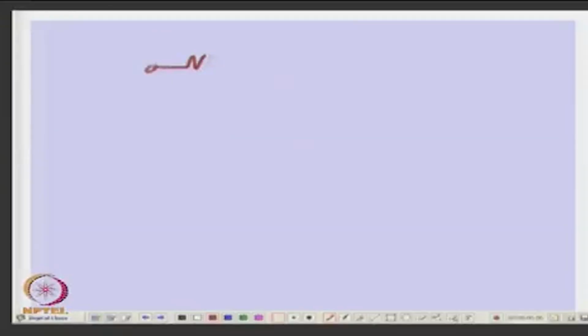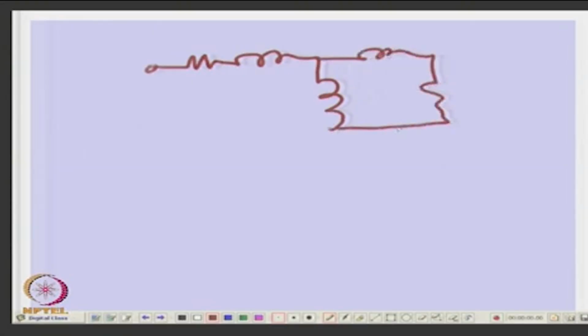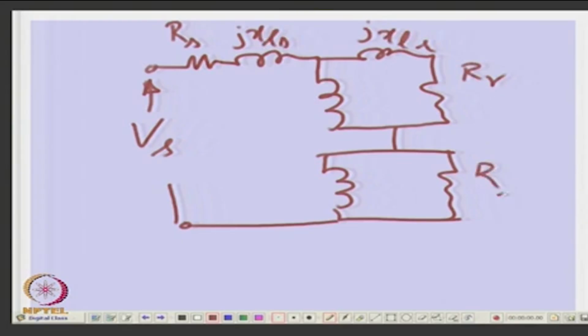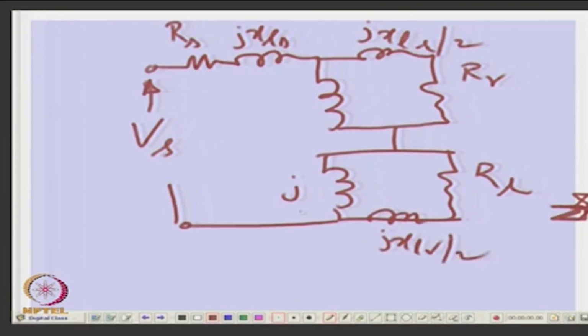So, we can say voltage, let us say Vs or whatever, Rs, jXLS, jXLR, RR, RR, as you split it up into two.